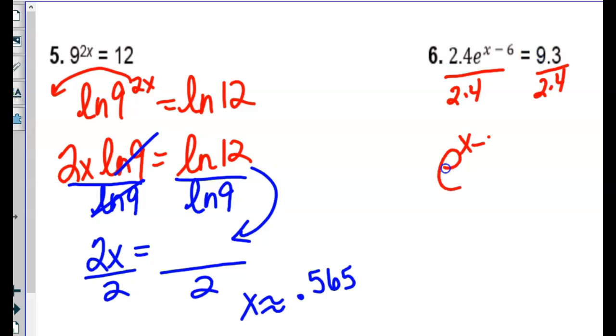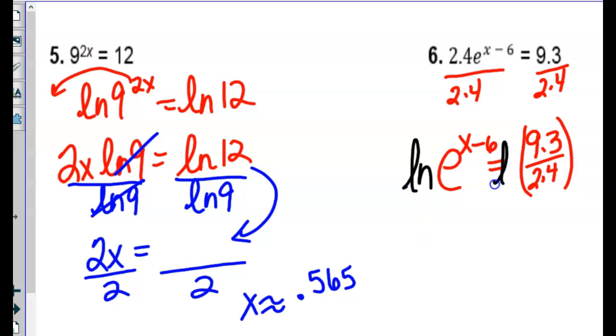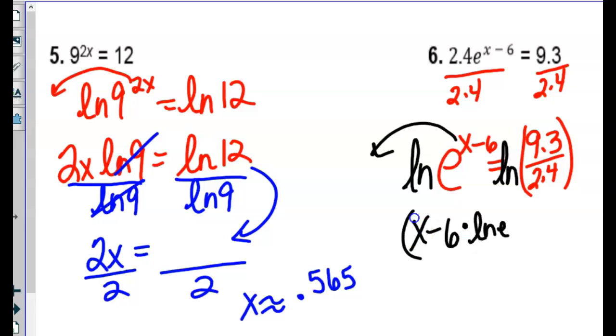Then we'll have to do ln to get rid of e, but 9.3 divided by 2.4. Does that come out nice, or should I leave it? Oh, okay. Well, it's not horrible, I guess. And then we're going to do ln of both sides. Bring the x minus 6 out in front. And what is ln of e? Yep. So that's just going to go away.